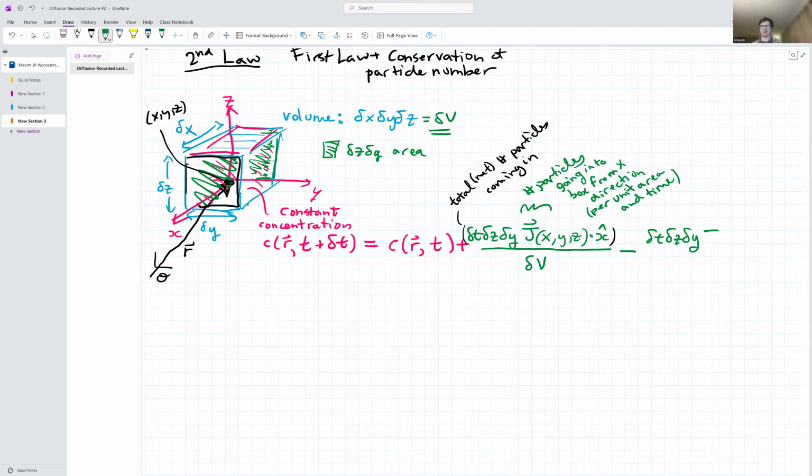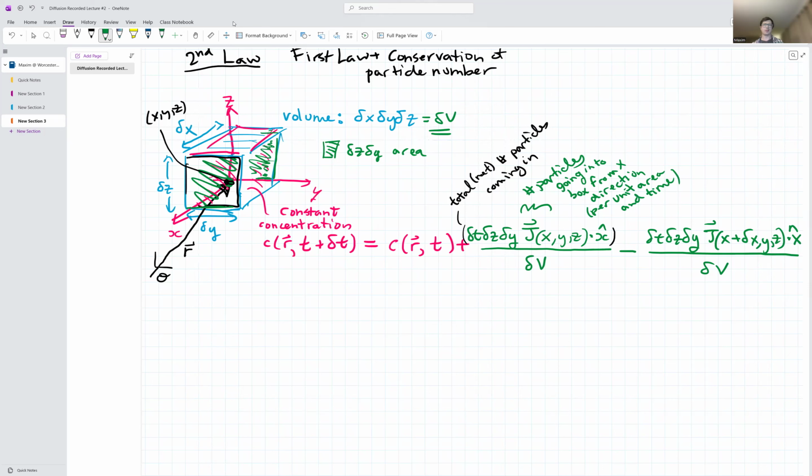But this time it's J evaluated at this front wall, so that's a distance delta x away from the origin along the x-axis. So there's a shift. We still dot it into x hat, so that part's the same, and we divide by delta V.